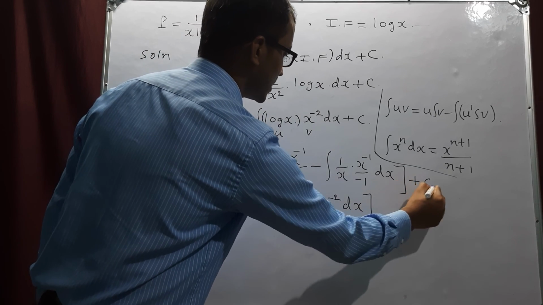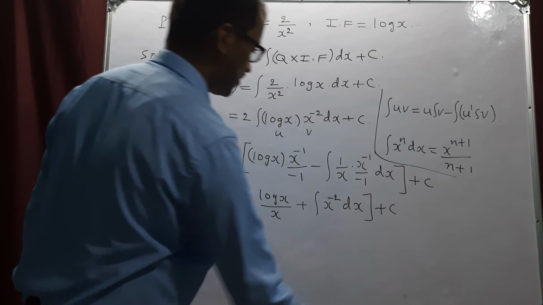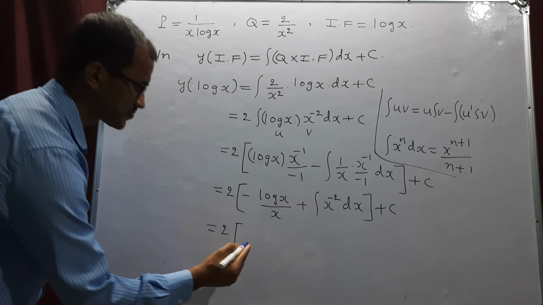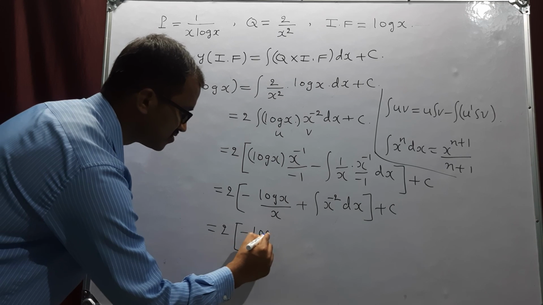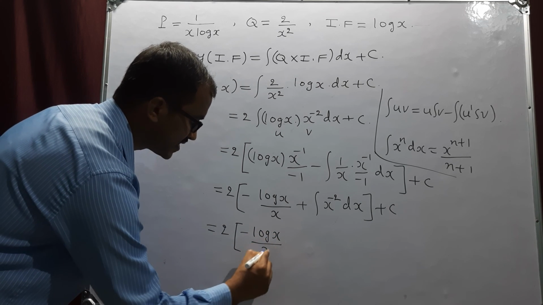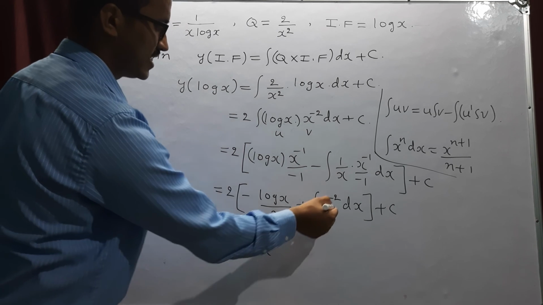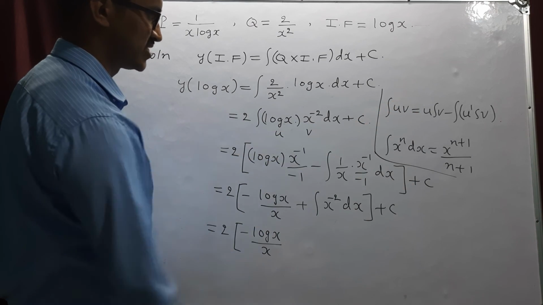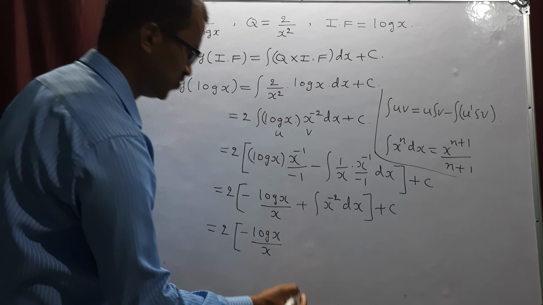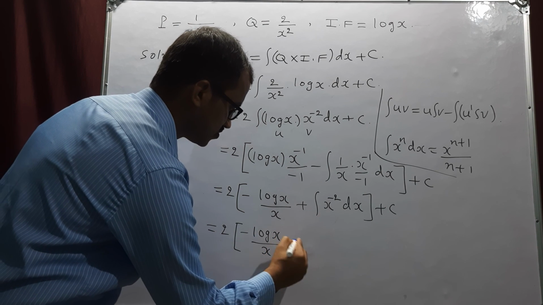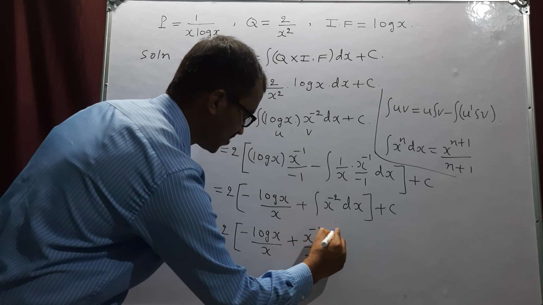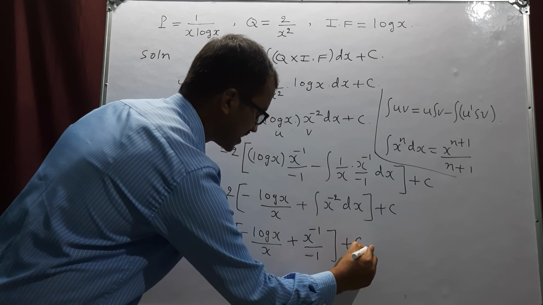Here plus integrating constant, that is equal to 2 into minus log x by x plus integration of x power minus 2. Again x power minus 2 plus 1 by minus 2 plus 1, so that is x power minus 1 by minus 1 plus integrating constant.